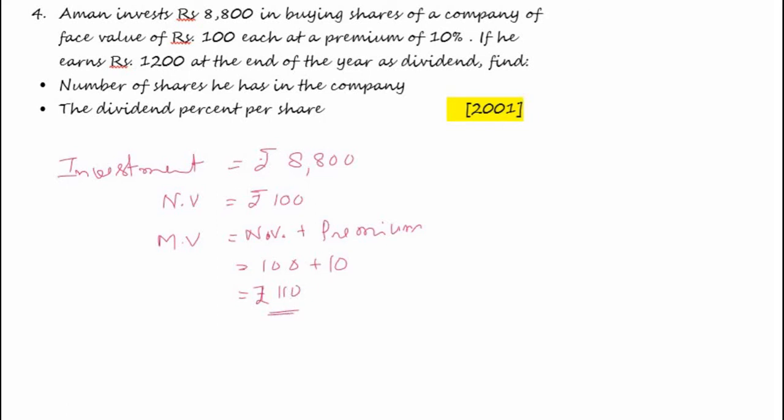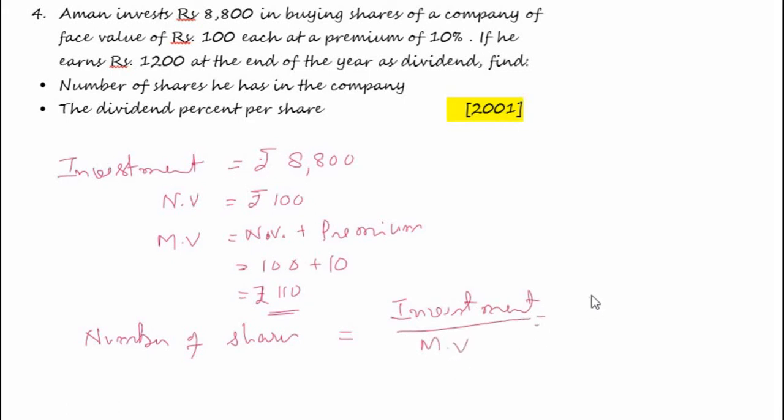Now we need to calculate the number of shares he has in the company. So how will you find the number of shares? Number of shares is equal to, this is always investment divided by the market value of one share.